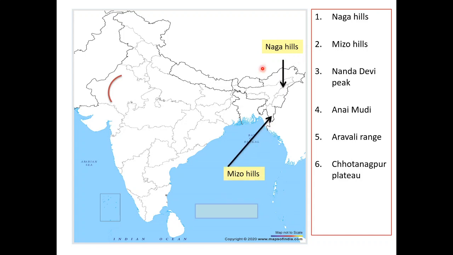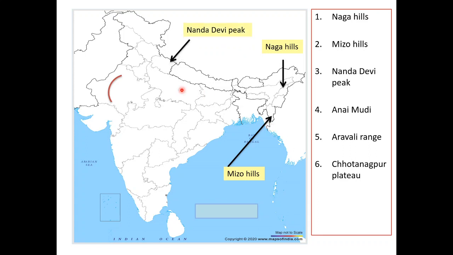Mizo Hills. Mizo Hills are in Mizoram. This is the part of Mizoram where you will find the Mizo Hills. Mizo Hills are part of the Patkai range.